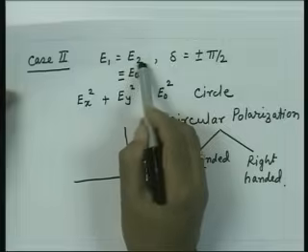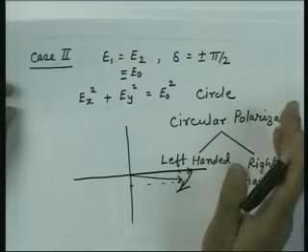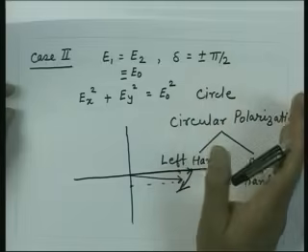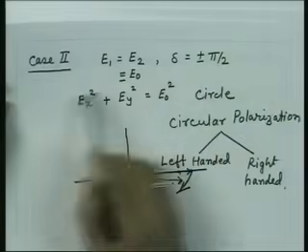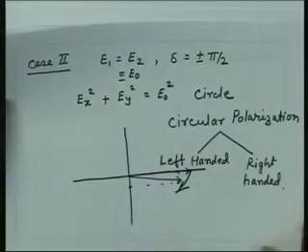As a general case, then, when none of these conditions are satisfied, as we saw for circular polarization in case 2, so in general, when E1 is not equal to E2, delta is not equal to plus minus pi by 2 or 0, then we will have in general the ellipse drawn.